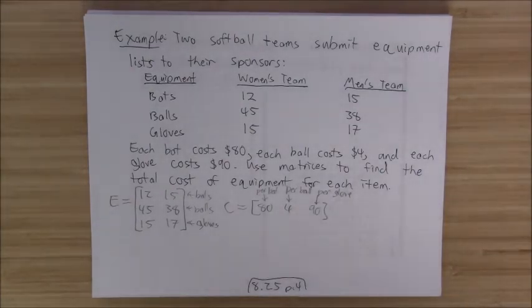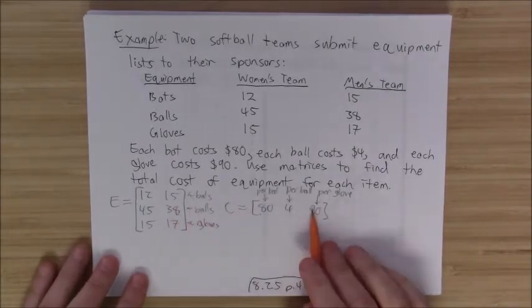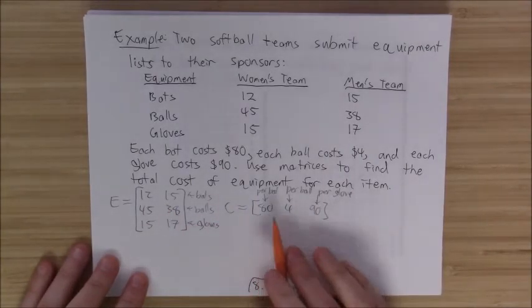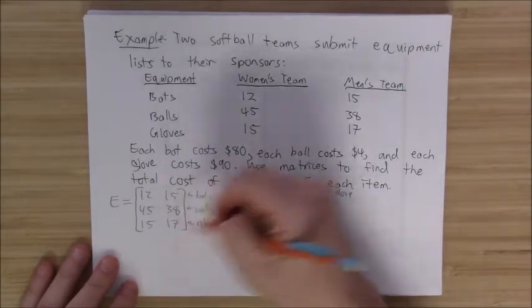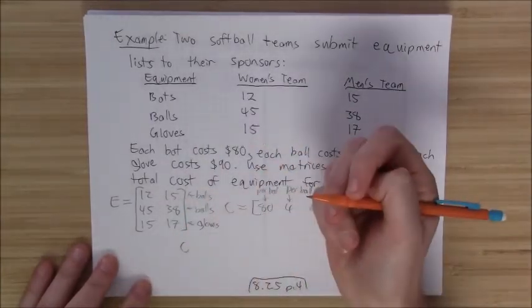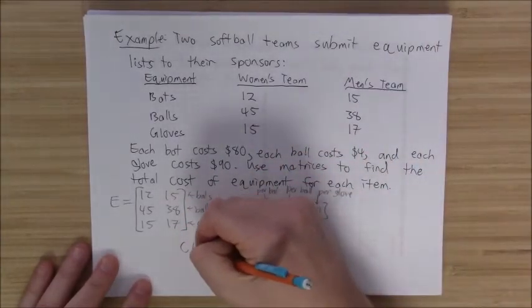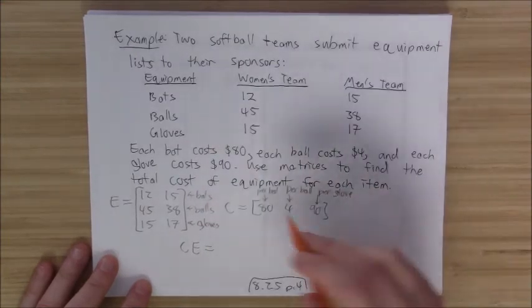And then in order to get the total cost, we can't do E times C because that matrix multiplication doesn't make sense, but C times E does. Namely, we'd get CE, which is what?